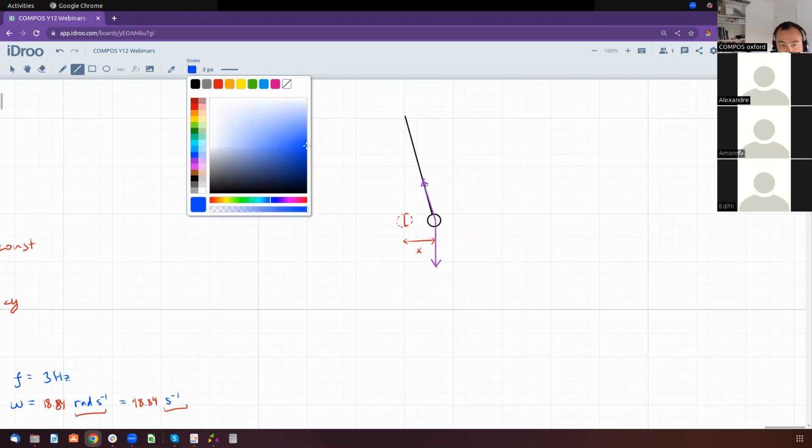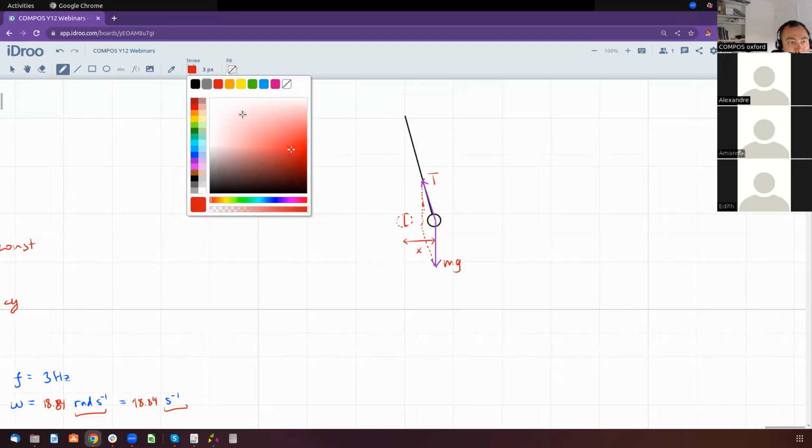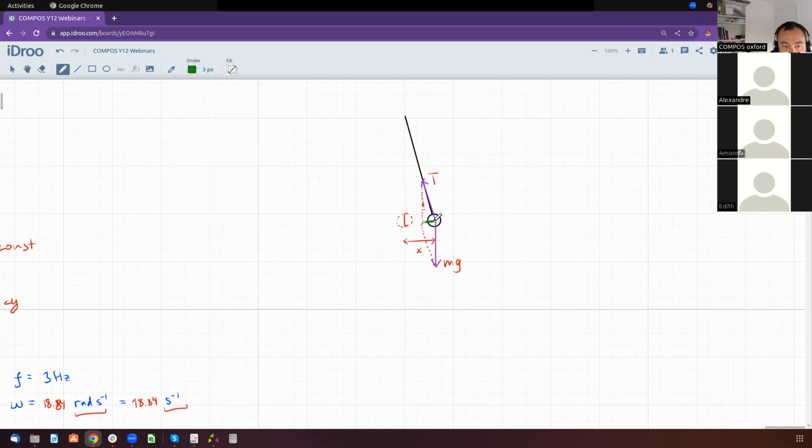If you add these two forces, this is the tension force, this is the mg, and this is the restoring force. It's the force attempting to return the pendulum back to the original position.